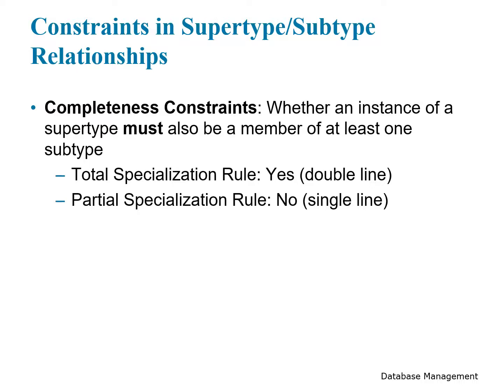One is called the completeness constraint and indicates whether there must be an explicit subtype for each possible instance of the supertype. The other is called the disjointness constraint, which indicates whether a particular instance of a supertype could be more than one or just one of the subtypes.